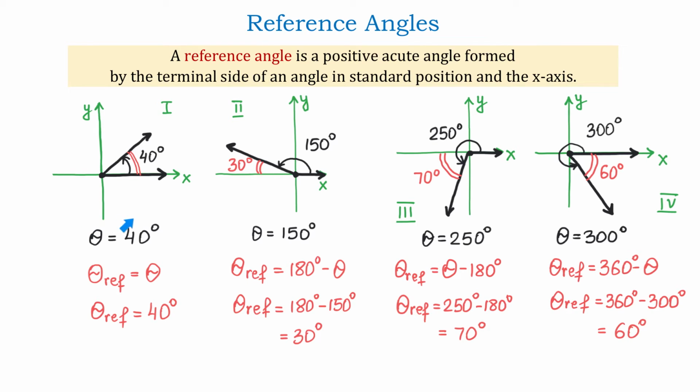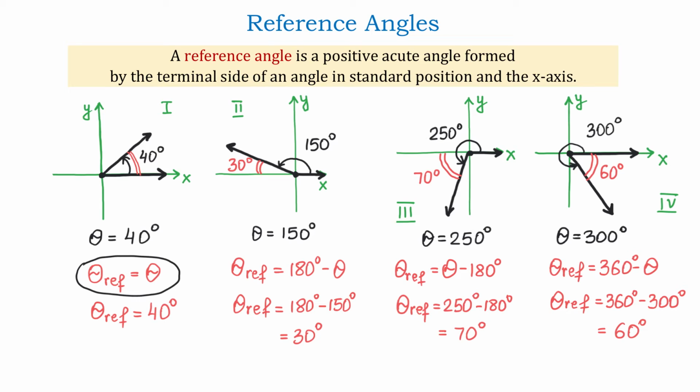So here we have examples for each of the 4 quadrants, and notice that in all 4 examples I chose theta to be a positive angle between 0 and 360 degrees. So when theta is between 0 and 360 degrees, then in quadrant 1, the reference angle is the same as the given angle.